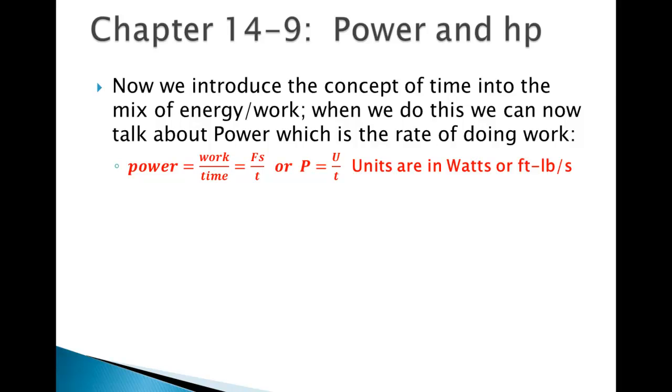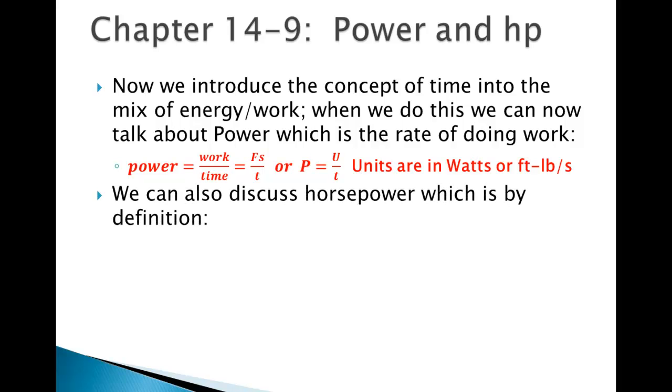So that helps you in understanding things like whenever you're using power in your house, how they rate a lot of your power usage in kilowatts. So in kilowatts, just 1,000 watts. And we can also discuss horsepower, which is by definition the equivalent of 1 horsepower is 550 foot-pound per second, which is 33,000 foot-pound per minute.